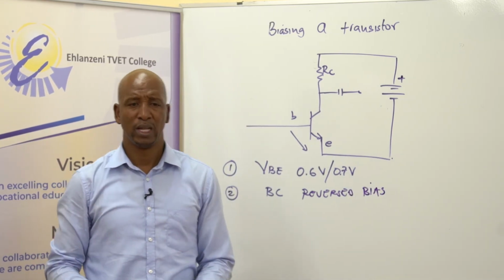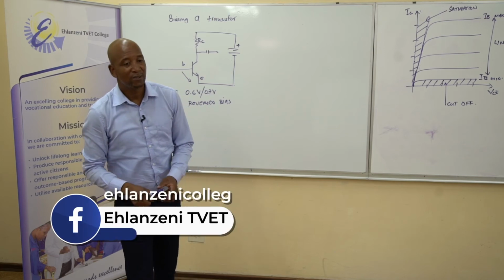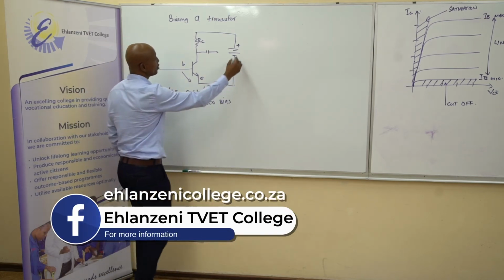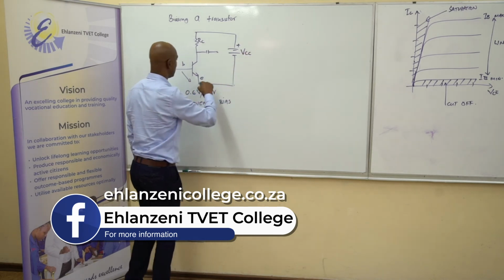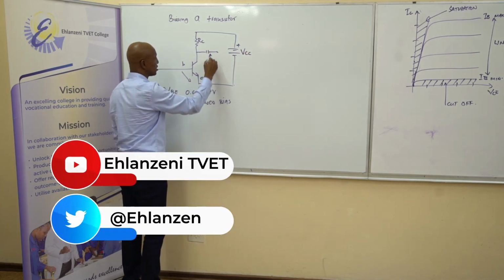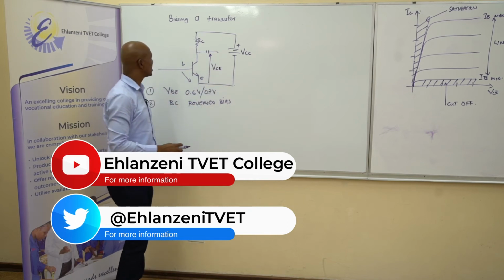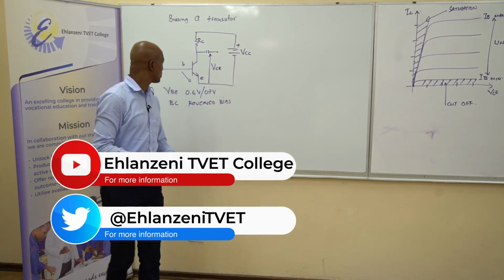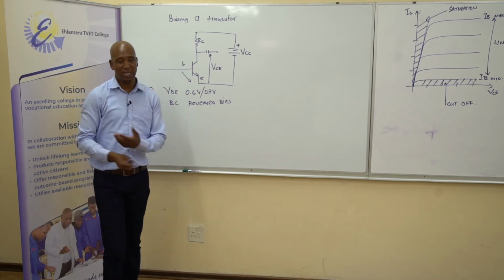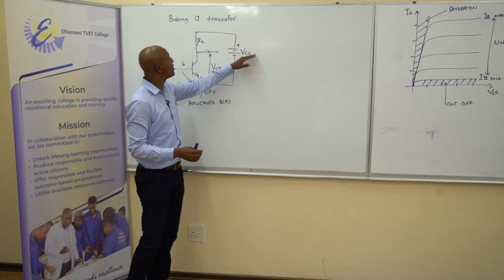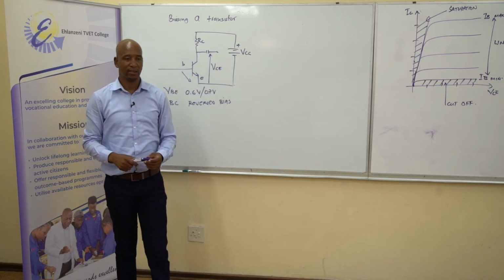So it simply says the reverse voltage is a value between, we call this source VCC, and we call this part VCE. So VCE can be any value from 0 to the value of VCC.